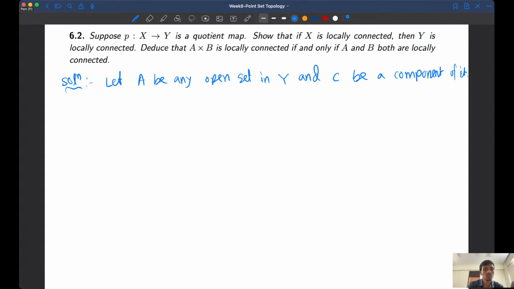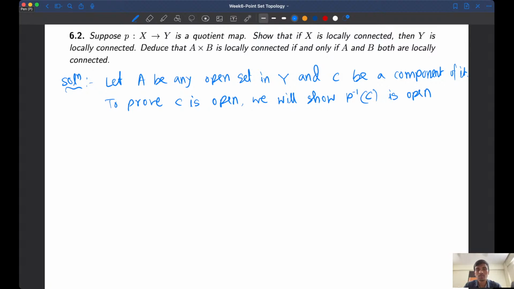So to prove C is open, we will show P inverse of C is open, as P is a quotient map.